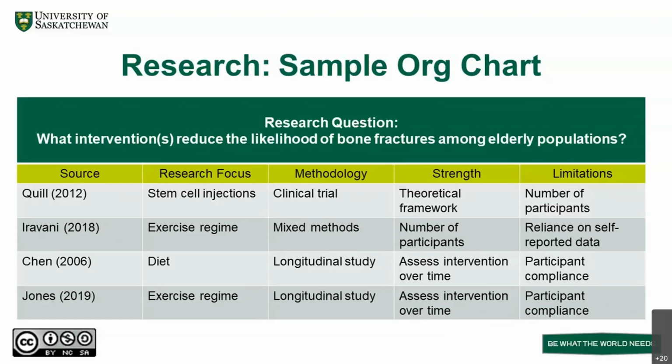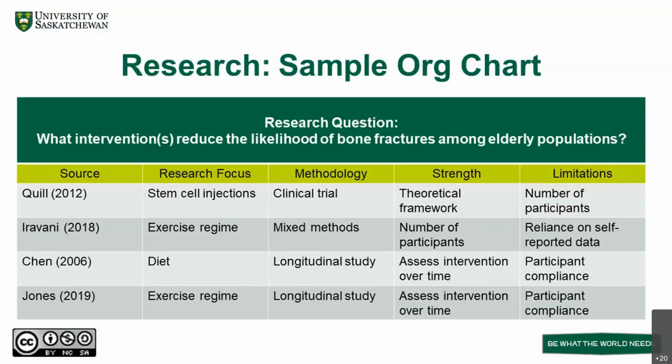For our purposes, I've just put in the author and the year. And then we have the research focus. So what is the main question? What is the main point of investigation for these studies? Here we have stem cell injections, exercise regimes, diet, and another exercise regime. Then we're looking at methodology: clinical trial, mixed methods, longitudinal study, and another longitudinal study. And then some of those strengths and limitations.